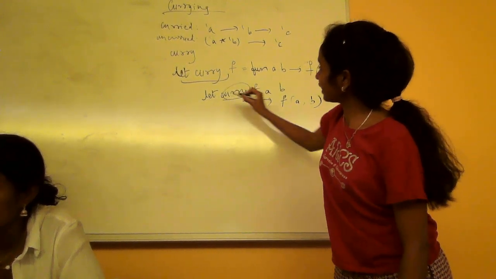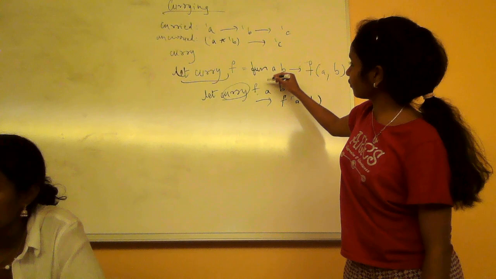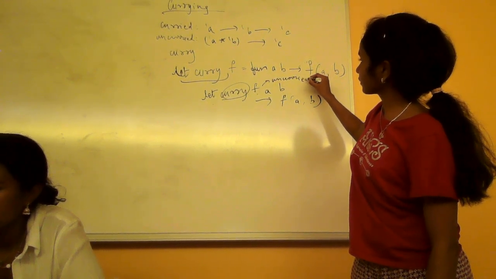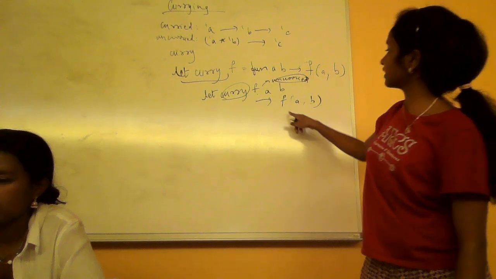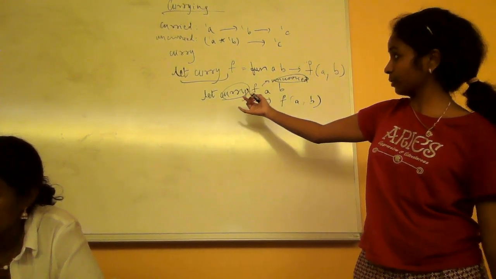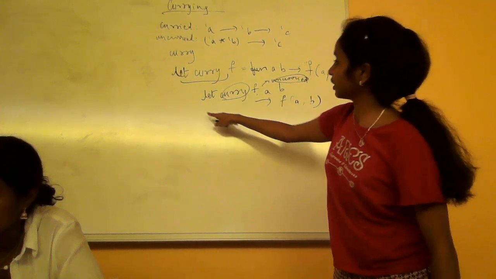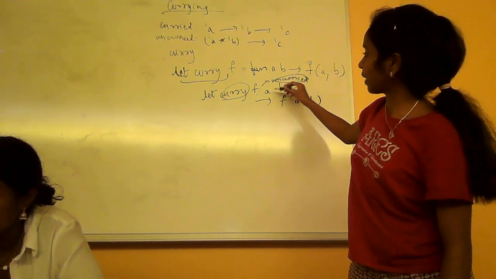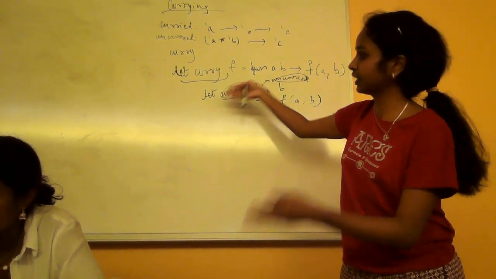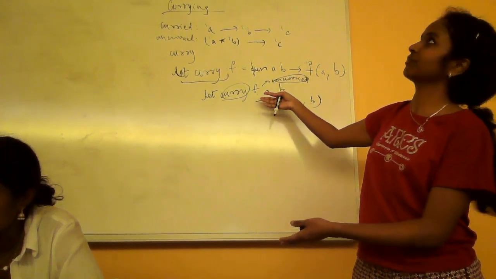Since we are currying this function, f is basically the uncurried form, and when it's uncurried, it takes in a tuple, which it does. And we are converting it to its curried form, which is why in this part of the expression, we pass in both of these arguments separately, because this is the curried form of this uncurried f.